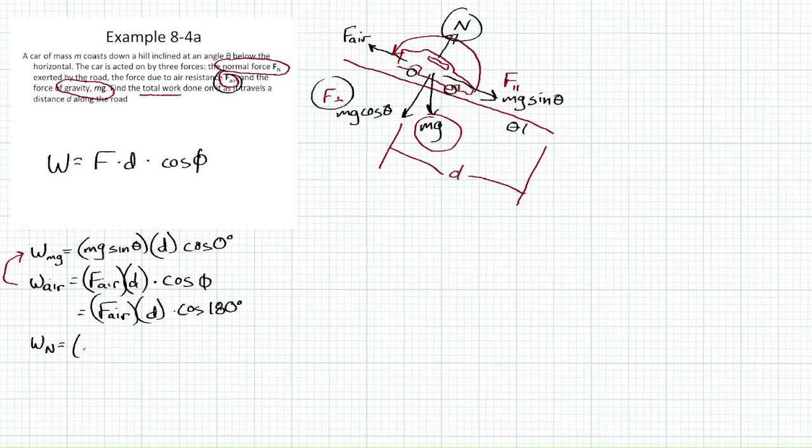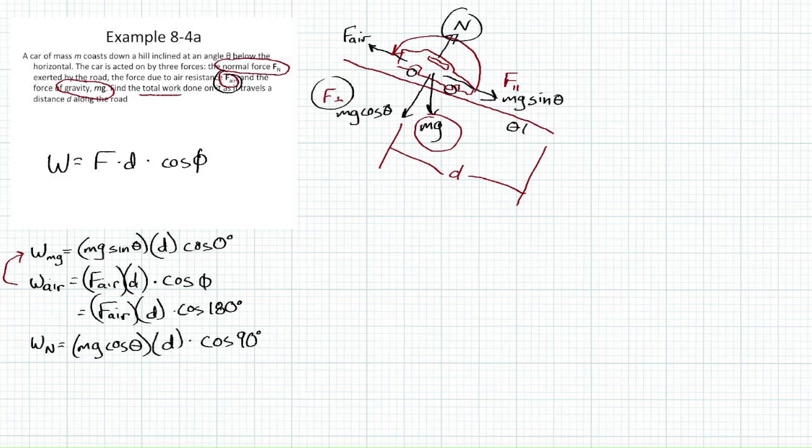So that would be mg cosine of theta times d, our displacement, times the cosine of what? What's the angle between either our normal force or our perpendicular force and the direction of displacement? Well, it's 90 degrees. Cosine of 90 degrees equals 0.